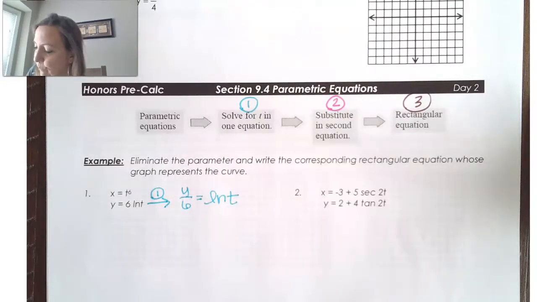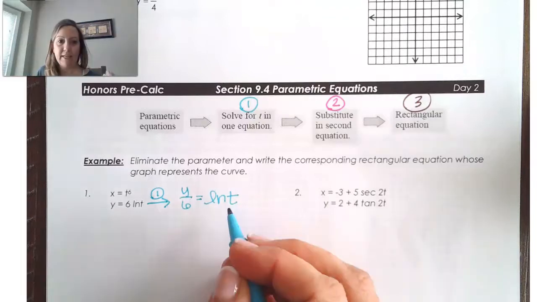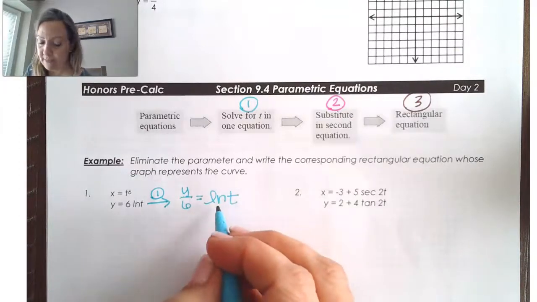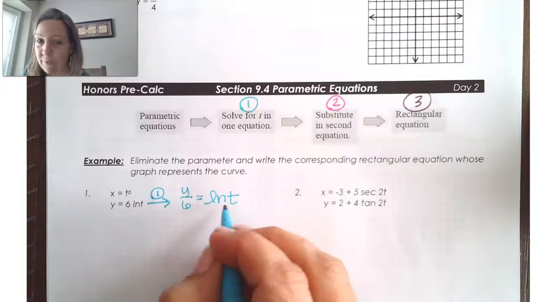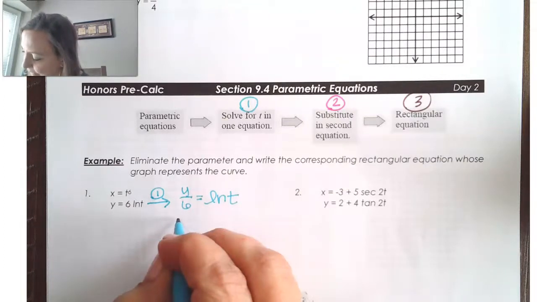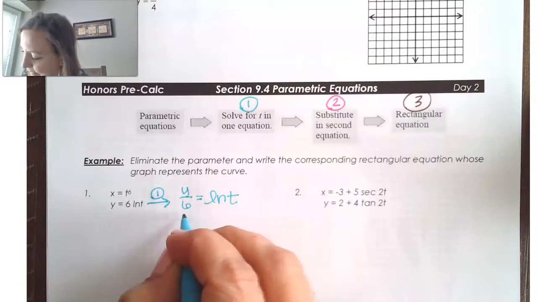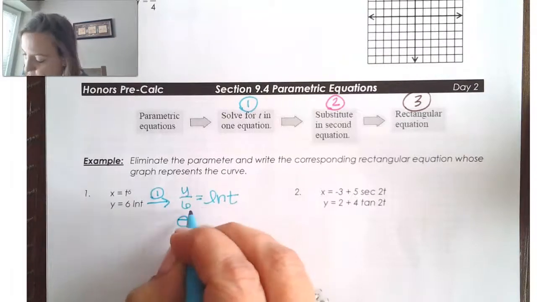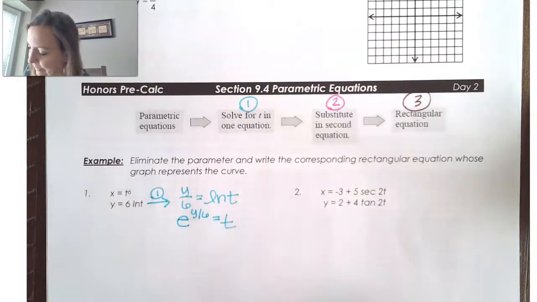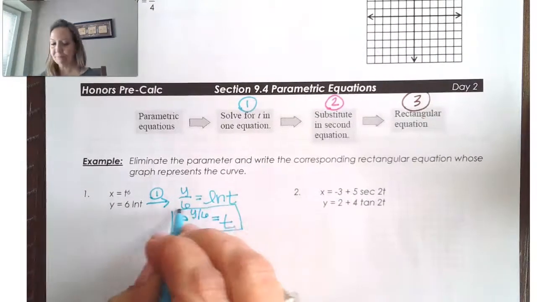If I want to isolate t, I need to rewrite this in exponential form, since this is log form. Remember that the natural log is like log base e. So I'm going to rewrite this as e to the y over 6 equals t. And so that's my step one.